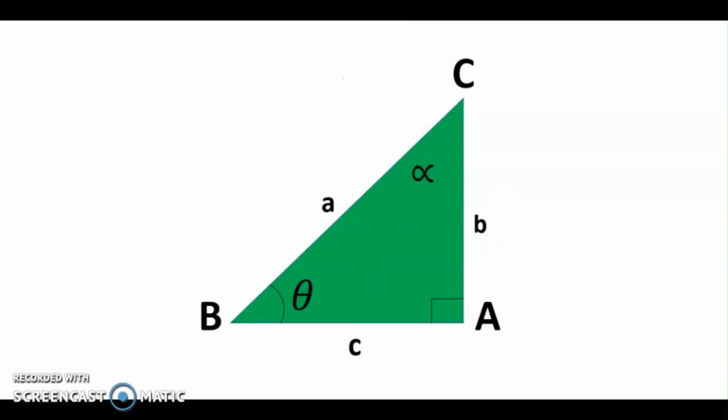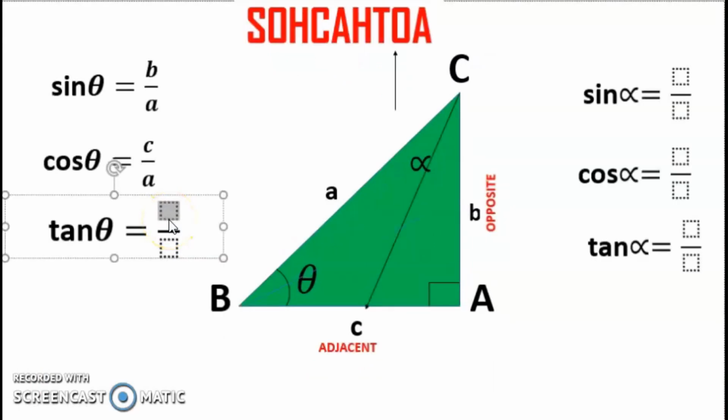So let us fill it into the missing bracket. Our opposite is small letter B, while our adjacent is small letter C. So we have filled all these parameters.